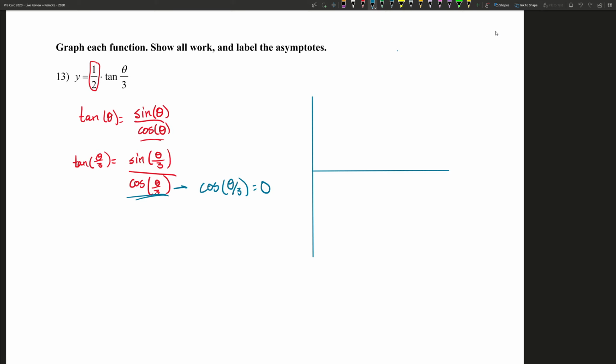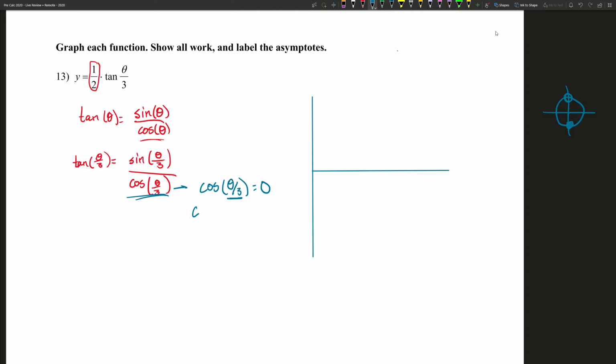when the inside, right, so cosine, again, think of the unit circle. Cosine is the x value. That's going to be equal to 0 at the top and at the bottom. Right, so pi over 2 and 3 pi over 2. And then any multiple, okay?